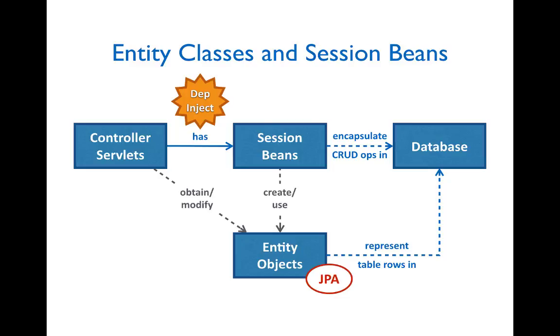They represent tables in the database. Session beans are a kind of enterprise Java bean. They represent CRUD operations in the database. And annotations like @EJB ensure that instances are injected by the container using Java's CDI technology.